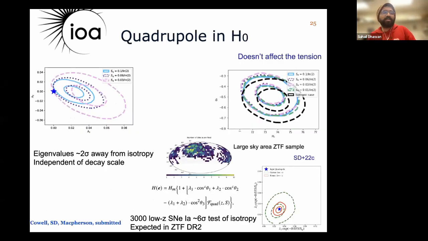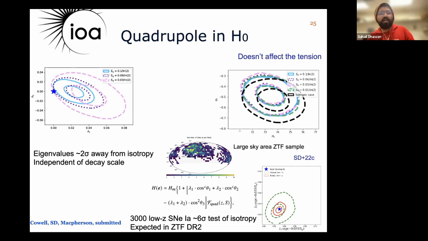So what we see here is that on the left-hand side, this is constraints on the quadrupole. What we find that like with the Pantheon Plus sample, if we use different exponentially decaying scales of the quadrupole, we see slight deviations from isotropy in this case, but we still need to cross-check this against like homogeneous samples that have a well-understood survey selection function.